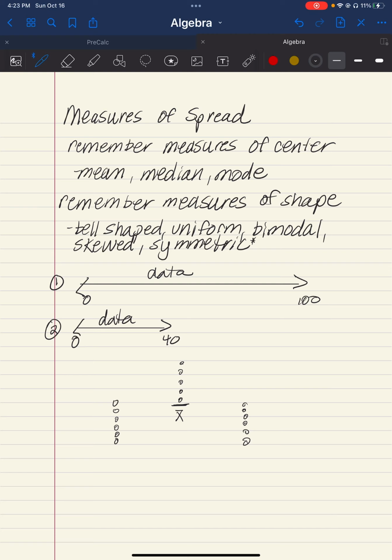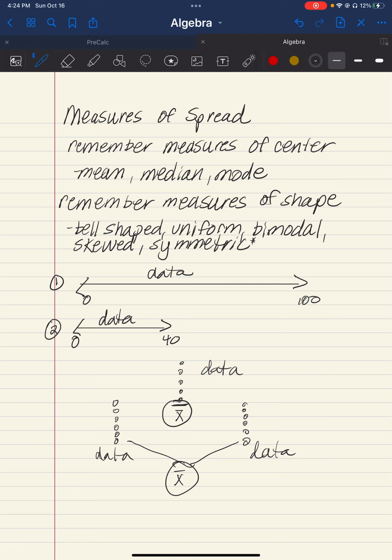Then these two sides cancel each other out, so that you end up in the middle. Remember, the little x bar is the mean. So we could have a mean equal to another mean, but the data sets could be completely different in how they're spread. That's what we're going to talk about today.